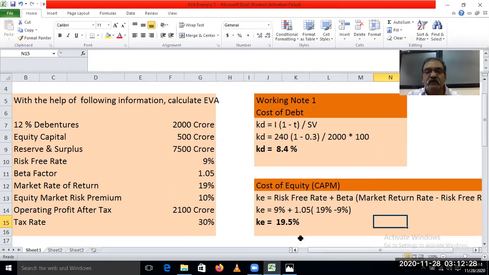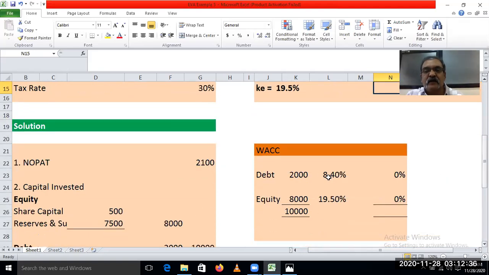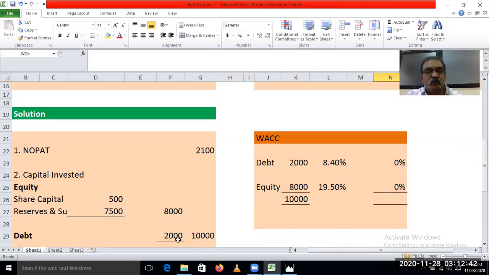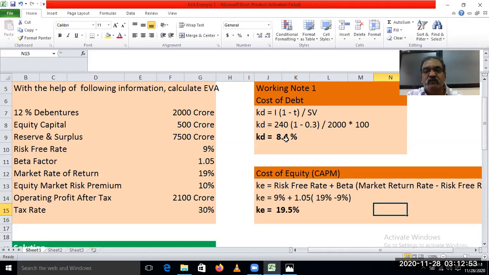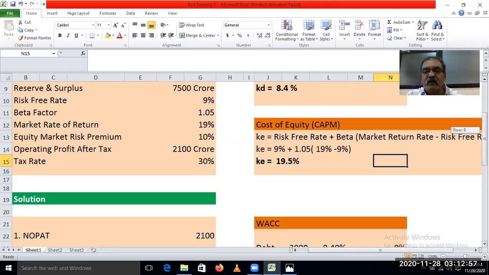Here we have individual cost of equity 19.5% and cost of debt 8.4%. Now we can calculate the weighted average cost of capital. Amount of debt is rupees 2,000, amount of equity 8,000, total capital 10,000. Cost of debt we have calculated as 8.4%, cost of equity 19.5%.